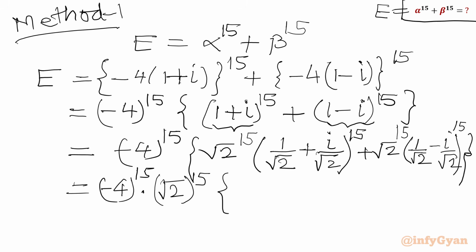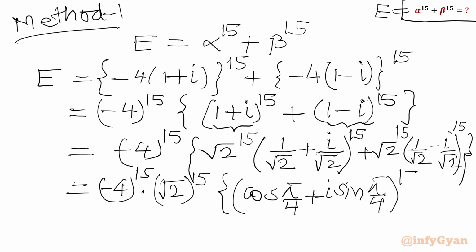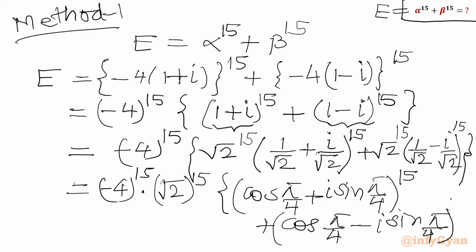In the bracket we'll write 1 over root 2 as cos pi by 4, this is root 2 over 2 or 1 over root 2, plus i sin pi over 4, and then we'll put power 15, plus cos pi by 4 minus i sin pi by 4. Then we will put whole power 15.